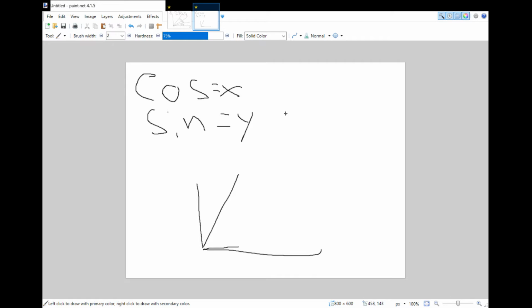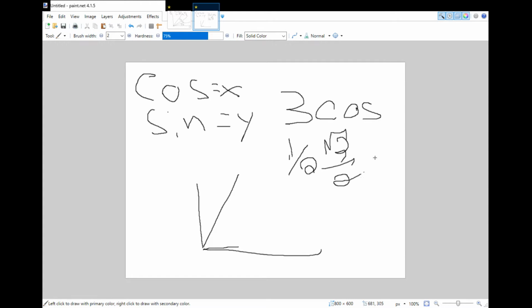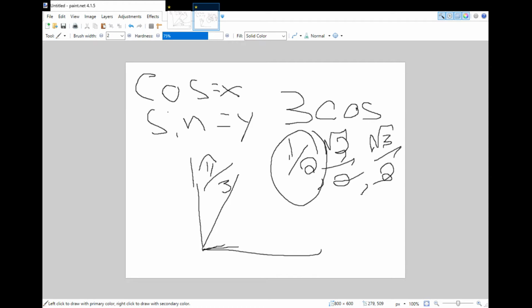There's three possible options that the cosine can be: 1/2, root 2 over 2, or root 3 over 2. Out of these three options, which one is the smallest? That's right, 1/2. So for pi over 3, the x value goes the least amount of distance.